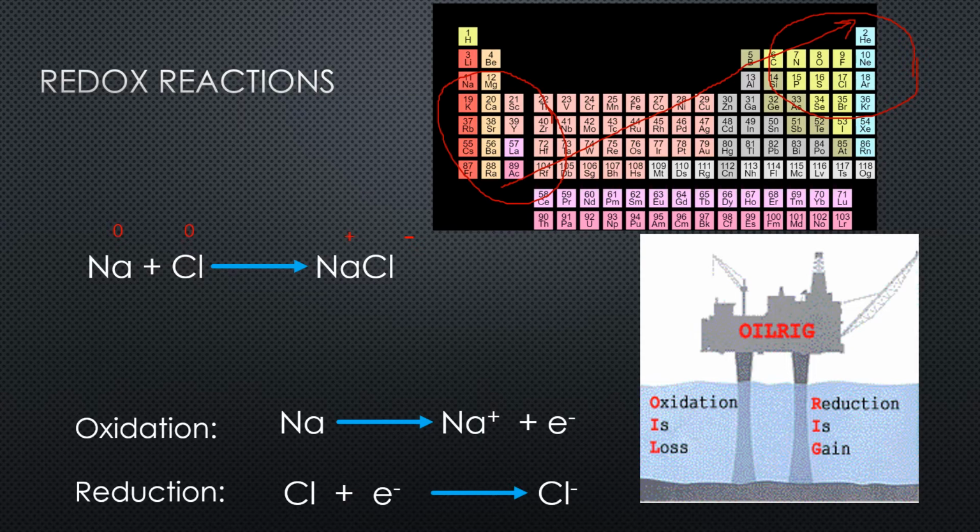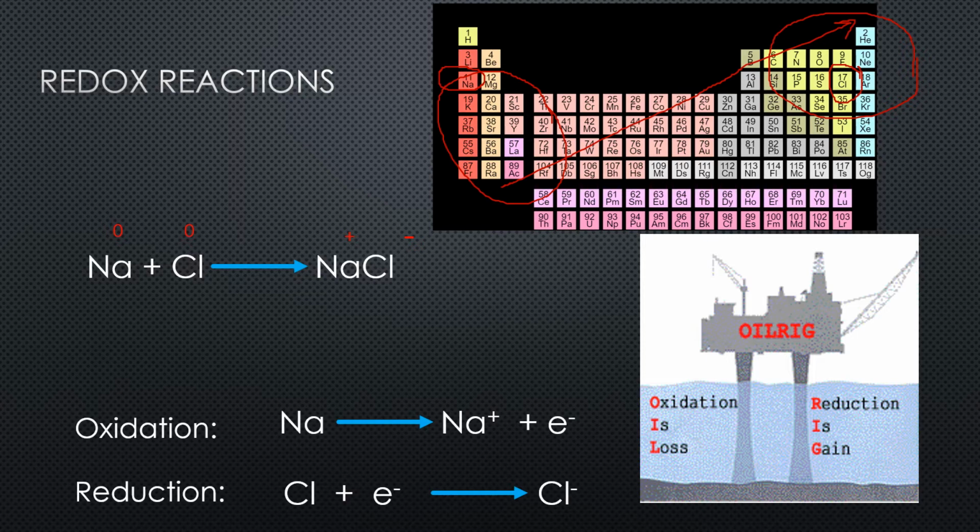So if we find our sodium element right here, you'll notice that it's in the first column, which means that it has one valence electron. Well, that's a fairly unstable situation, so it very readily gives up its electrons. Chlorine, on the other hand, is over here in the 7th column, which means it has 7 electrons in its valence shell.